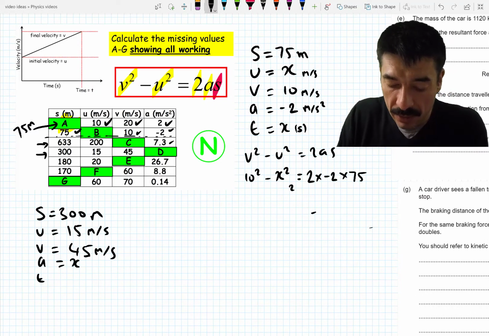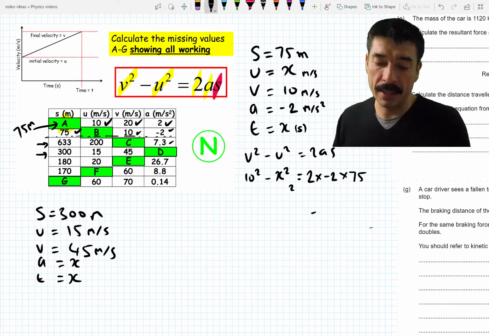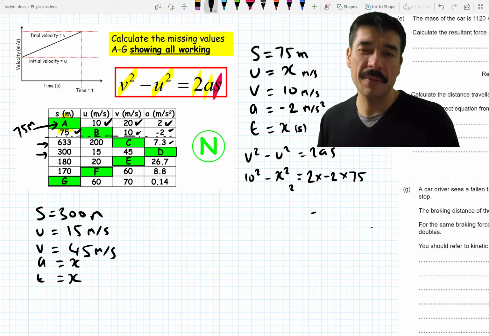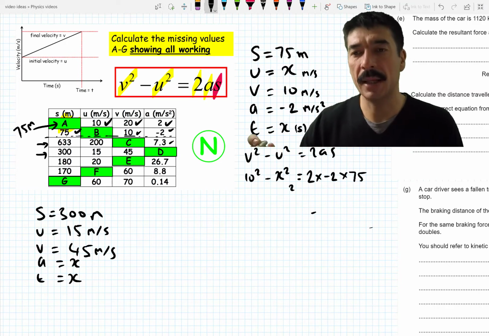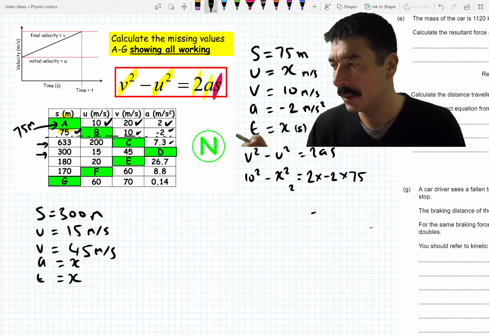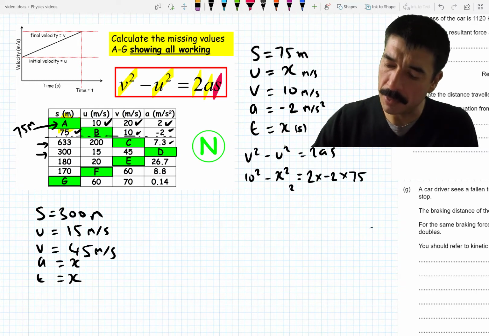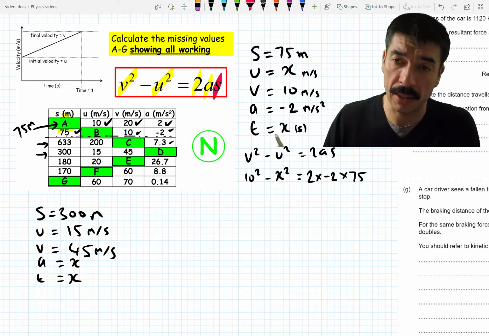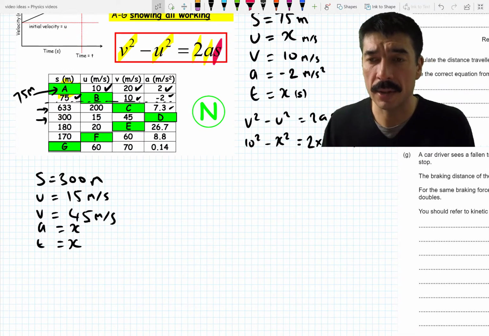So acceleration is the thing I don't have. I don't also have the time, but that's okay. Like I said, as a convention in physics, SUVAT represents nearly all the things you'll be worrying about in a motion type problem, and if you go on to do A-level, sometimes you'll be asked about the time, or certainly in the GCSE as well, if you're looking for just standard acceleration, it's change of velocity over time.